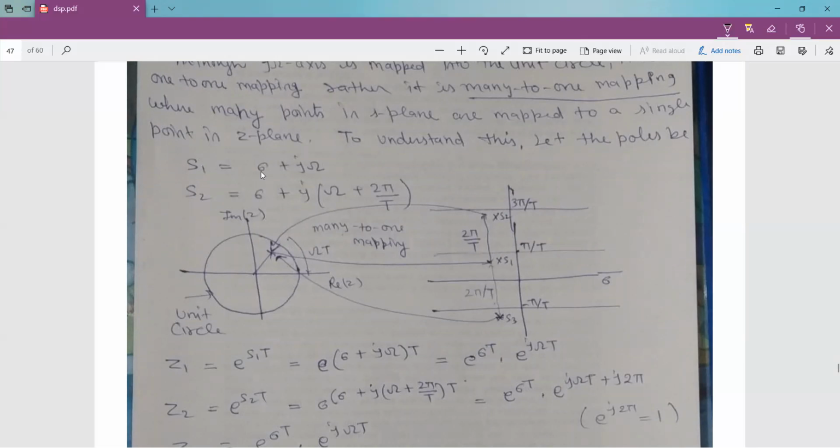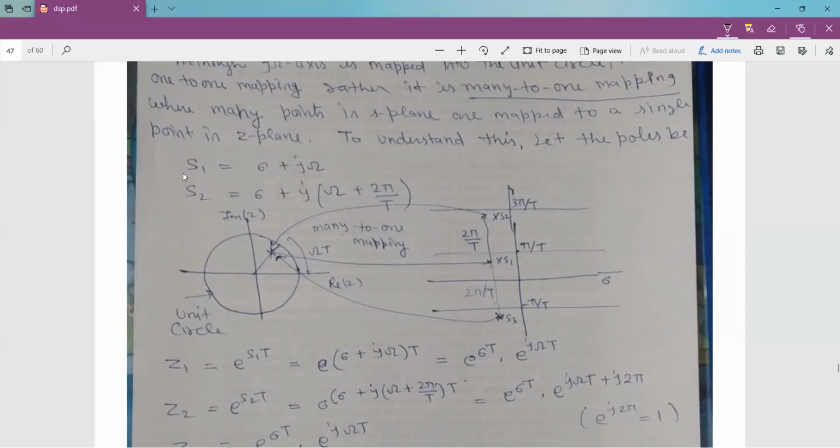One is represented by sigma plus j omega and the other by sigma plus j omega plus 2 pi by T. That means the phase locations in the S plane are separated by 2 pi by T.